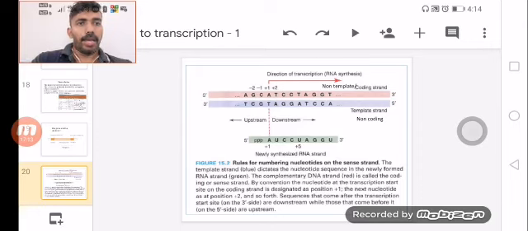Those sequences after the +1 site are given a plus symbol notation and are also called downstream sequences. So all the downstream sequences use a plus symbol, that means +2, +5, +10, etc.